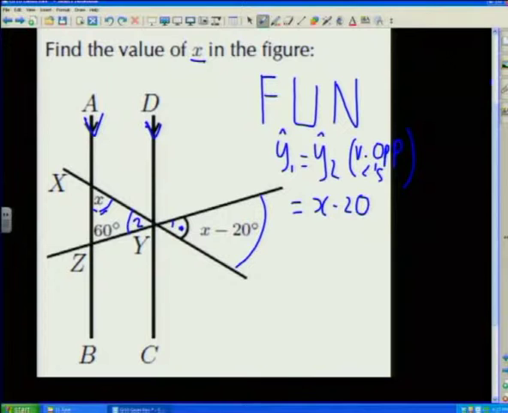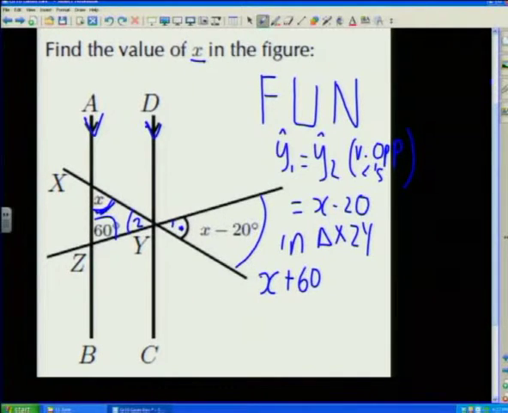So therefore, in triangle XZY, we can say that x plus 60, so I'm saying this x plus this angle 60 plus angle y2, which is x minus 20, the sum of those angles is 180 degrees.